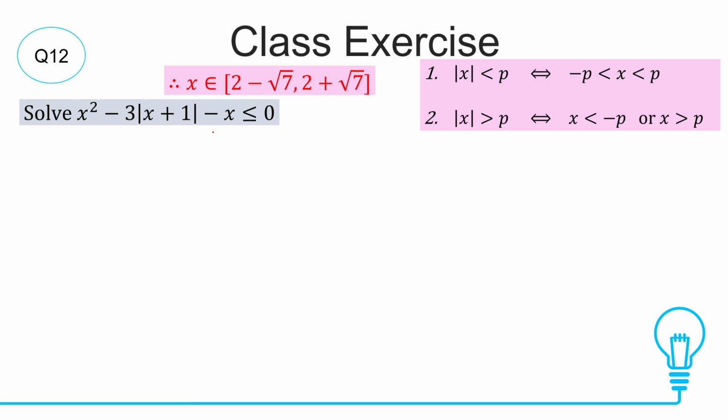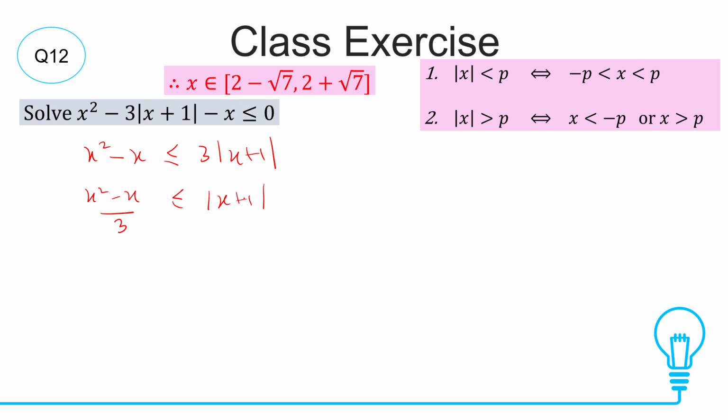Next, how about this one? The one irritating, we send it to one side. So x squared minus x less than or equal to 3x plus 1. When I want to use this definition, the 3 also is not allowed, so I shifted here: x squared minus x divided by 3, absolute x plus 1.